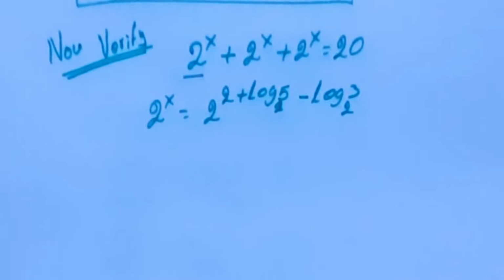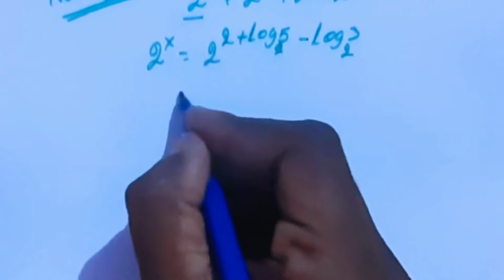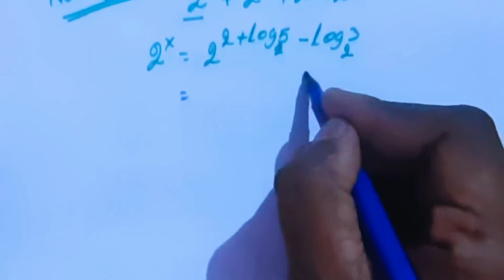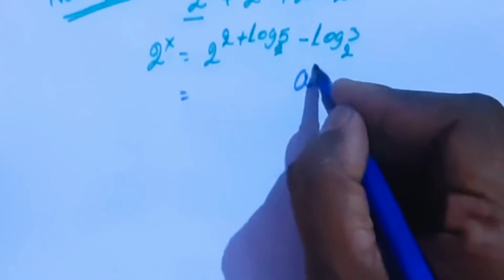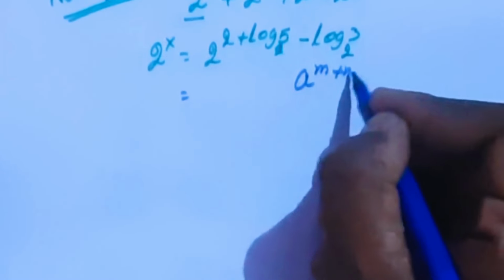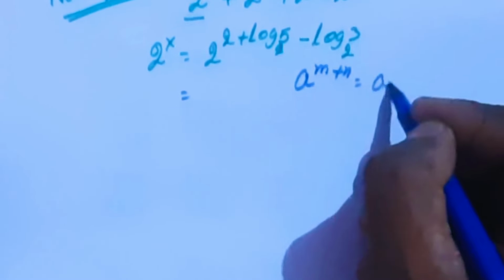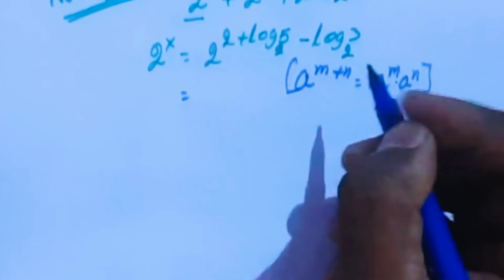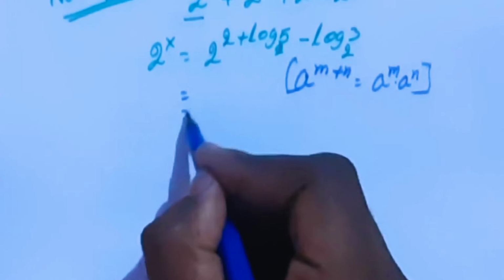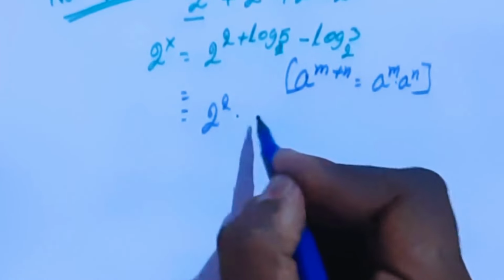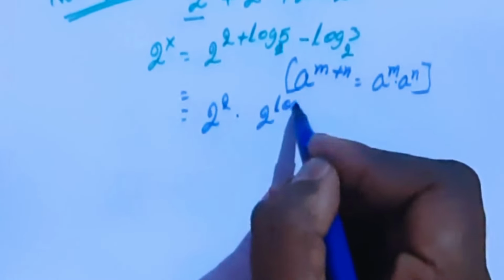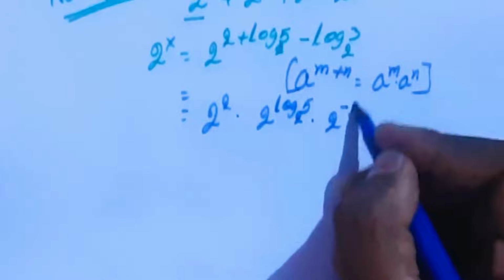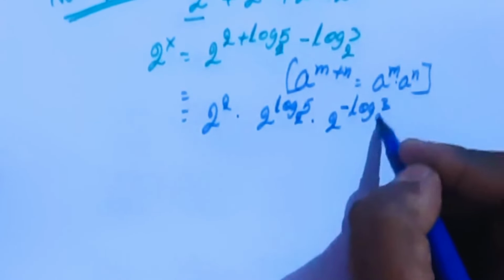So this can be written, according to this formula, a power m plus n equal to a power m times a power n. So this we are going to apply here: 2 power 2 times 2 power log 5 base 2 times 2 power minus log 3 base 2.